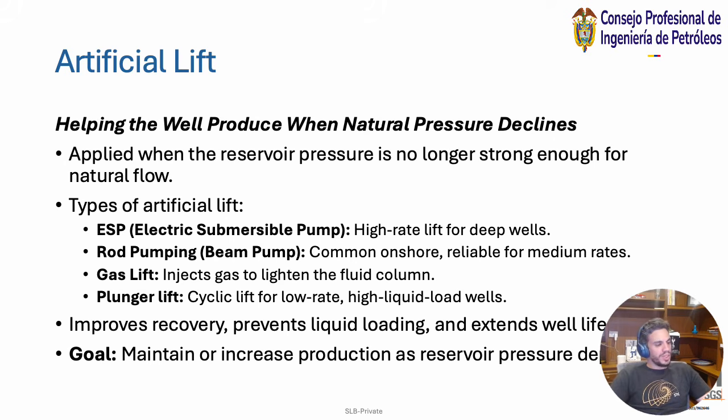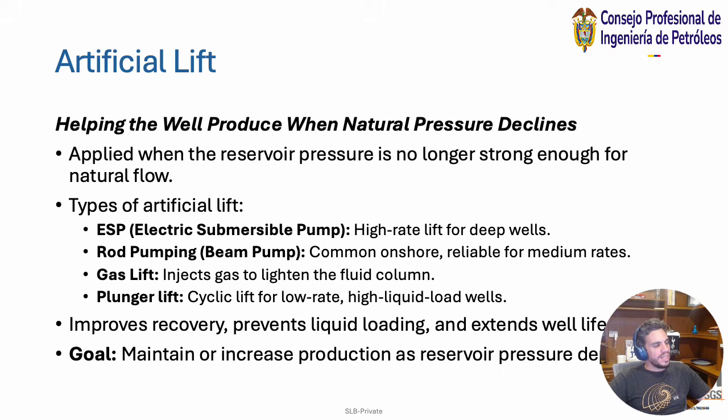So the different types of artificial lift here: you have the ESP pumps, or the electric submersible pumps. They're very common and they're a high rate lift for deep wells, so you'll see them more in offshore and so forth. You have the rod pumps, also known as beam pumps, and they're more common onshore and they're reliable for medium rates, so they're more common, I guess, for certain scenarios on land.